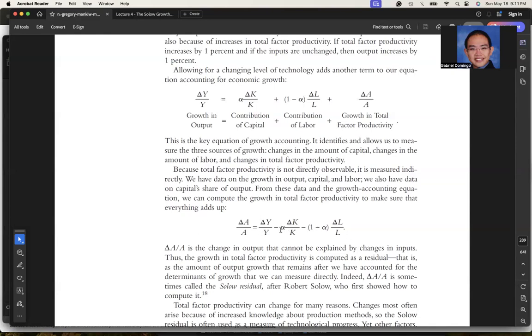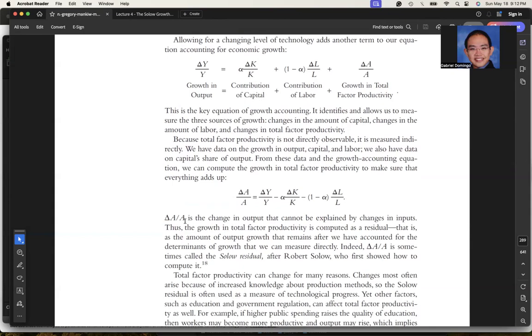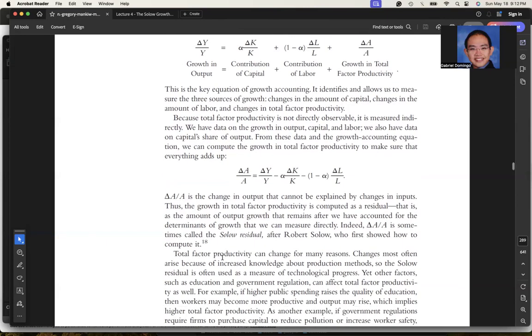So you can use these terms, alpha and 1 minus alpha, and calculate the residual, the difference between the growth in GDP and the contributions of capital and labor. What is left over is going to be due to the growth in total factor productivity. So delta A over A is the change in output that cannot be explained by changes in inputs, right? And it's basically called the total factor productivity, or to honor Robert Solow, it's called the Solow residual.